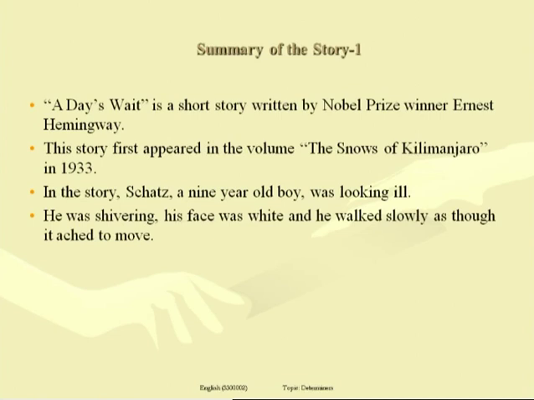He was shivering, his face was white or pale due to illness, showing lack of blood, and he walked slowly as though it ached to move. There are symptoms of illness in his physique also, that he is not able to move properly because of illness.